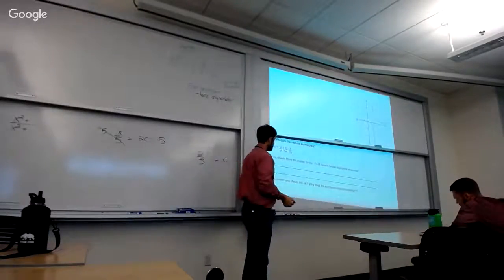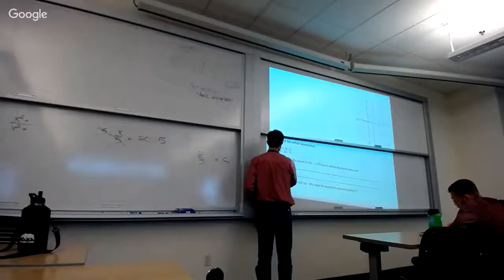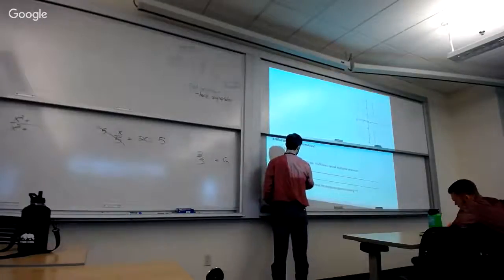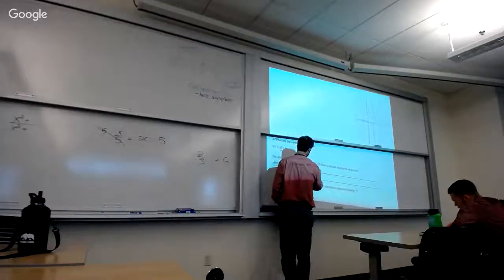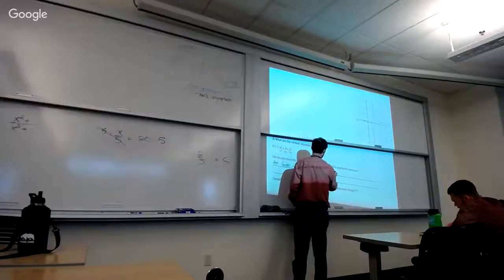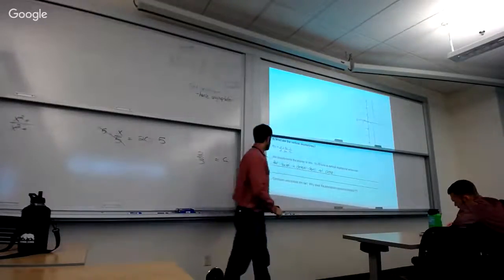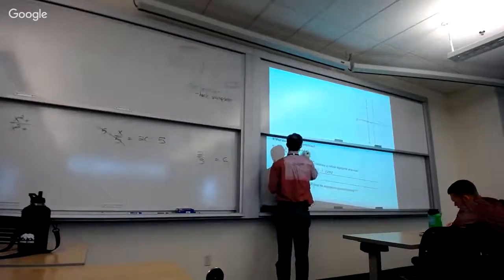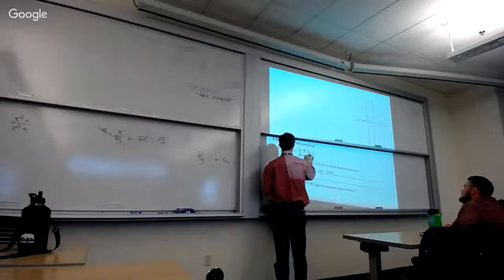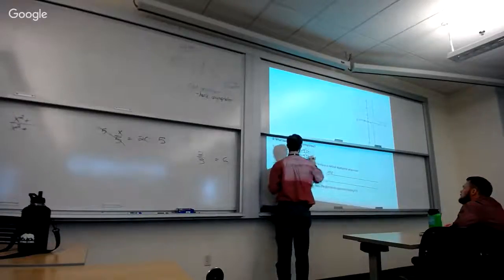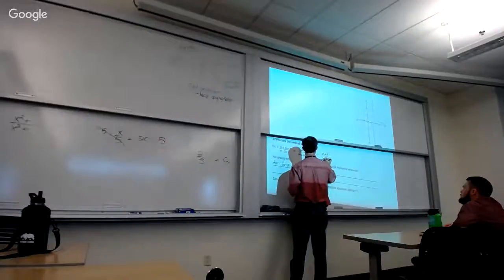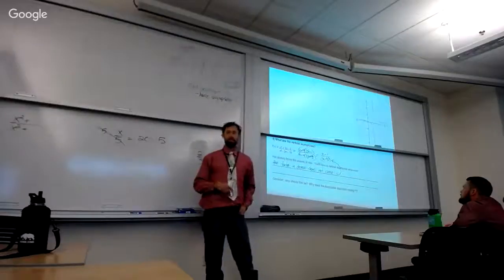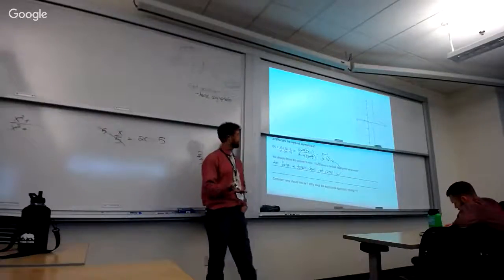You'll have a vertical asymptote wherever the factor in the denominator does not cancel. In this particular case, we had x plus 3, x minus 1, and x minus 5, and x plus 3, and the x plus 3's canceled out, which gave us x minus 1 over x minus 5. So this was our only vertical asymptote. It was the only factor in the denominator that didn't cancel out.